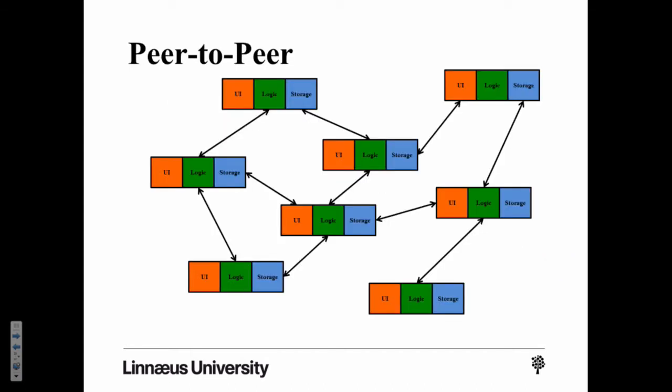Because here, simplification again, all subsystems are clients and servers. And typically you find that data is replicated, which means that it exists in more than one subsystem. And that, of course, provides scalability, provides reliability.